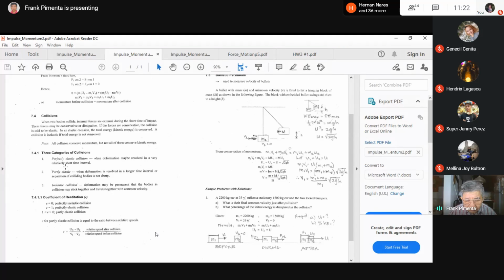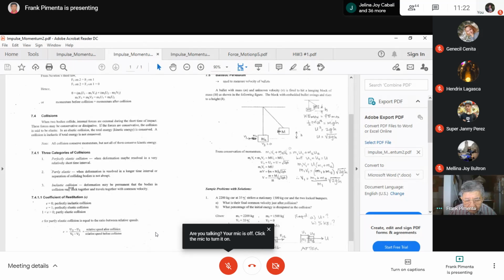We also discussed before collisions. There are three types of collision: perfectly elastic collision, partly elastic collision, and inelastic collision.